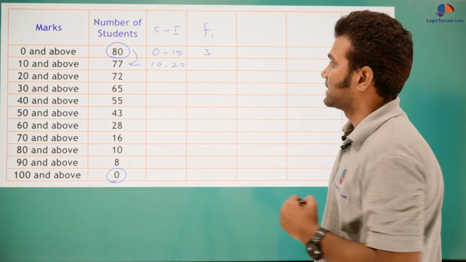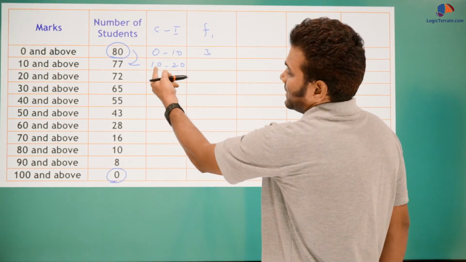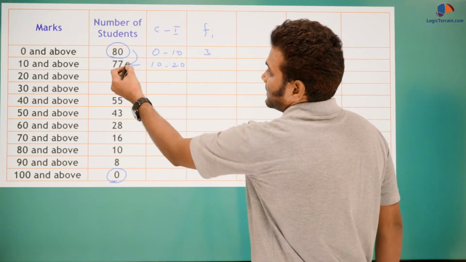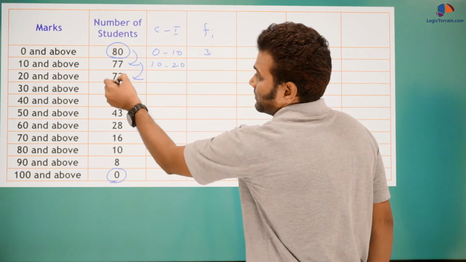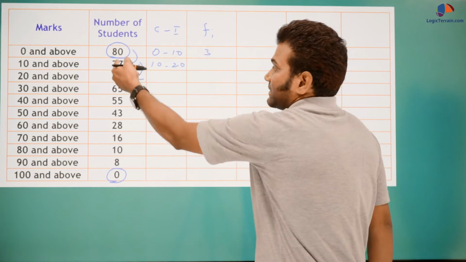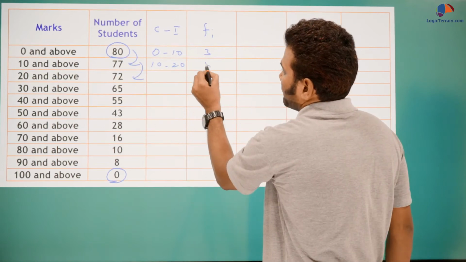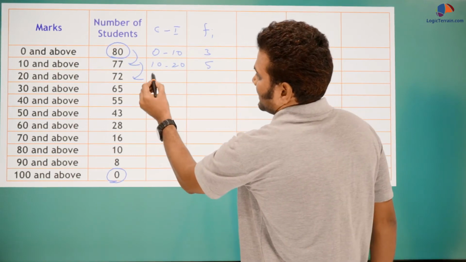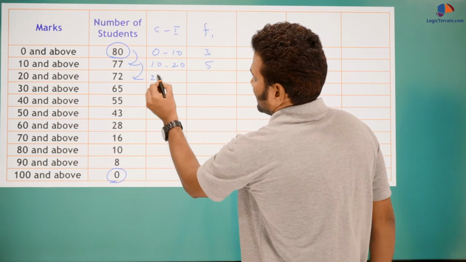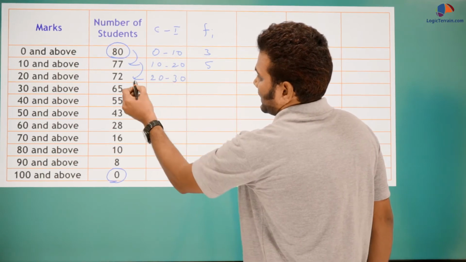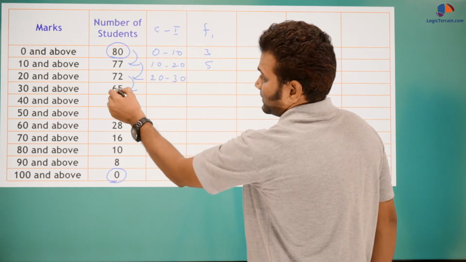This is the frequency, and the number of students getting marks between 10 and 20 is, from these two, the difference, that is 77 minus 72, we get 5. So similarly, the next class interval is 20 to 30 and the number of students will be the difference of these two.